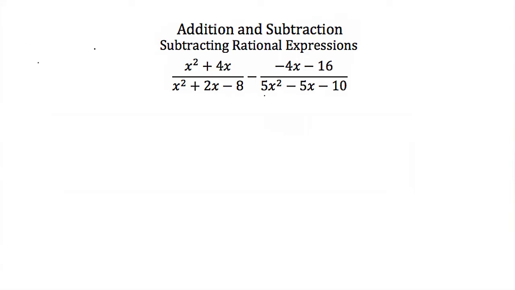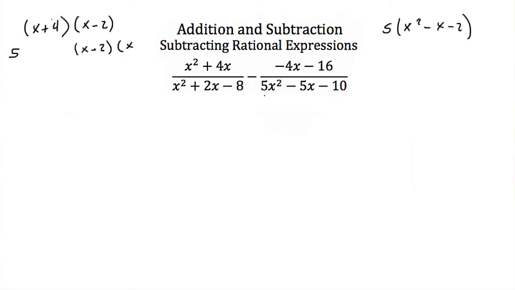Our first one will factor into an x plus 4 and a x minus 2. Our second denominator will factor into a 5 times x squared minus x minus 2. And the x squared minus x minus 2 will factor, so this will factor into a 5 times x minus 2 times x plus 1.